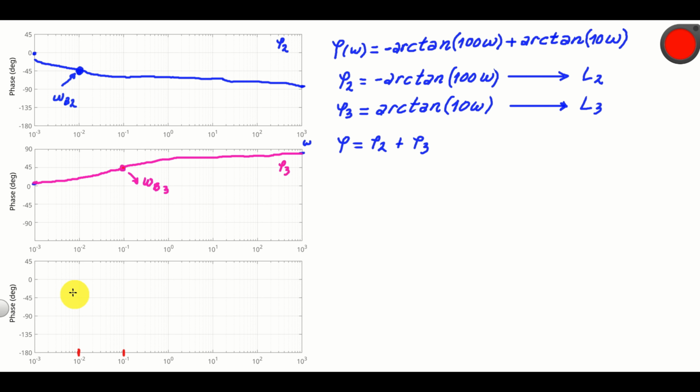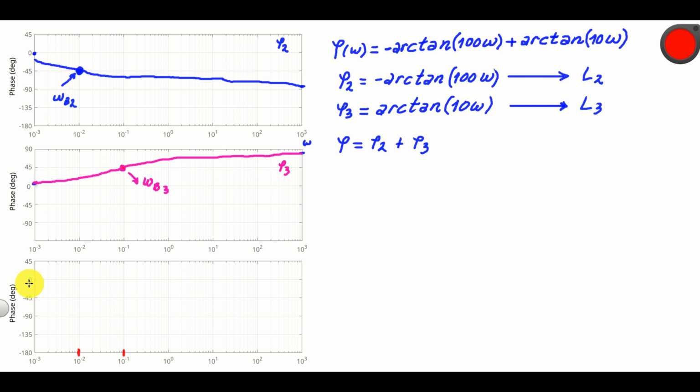Okay, now let's analyze these two functions. Phi 2 function is always negative for the positive values of omega. On the other hand, function phi 3 is positive for the positive values of omega. However, for the same value of omega in this small range, the absolute value of phi 2 will be larger than the absolute value of phi 3.